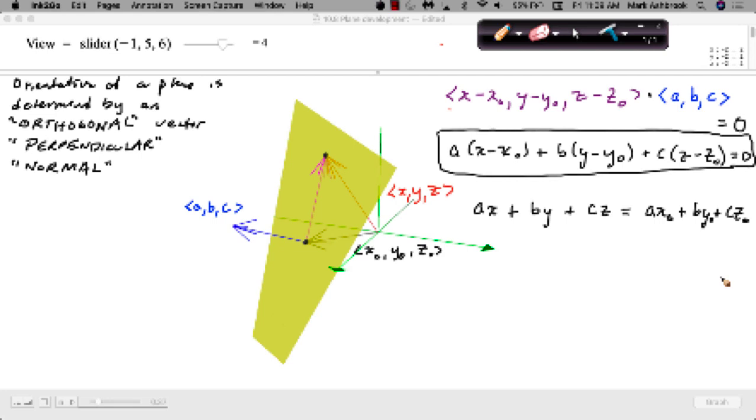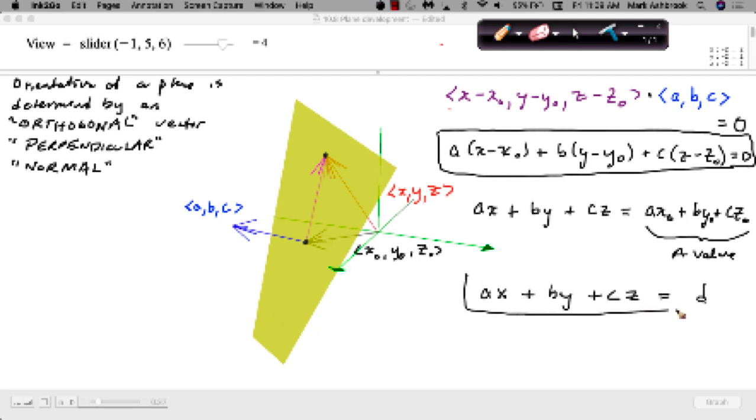Now, what about these? Any variables here? These are all known values, right? So that thing is just some number. It's just a value. So I can call it D. So now AX plus BY plus CZ equals D. It's another way to write a plane.